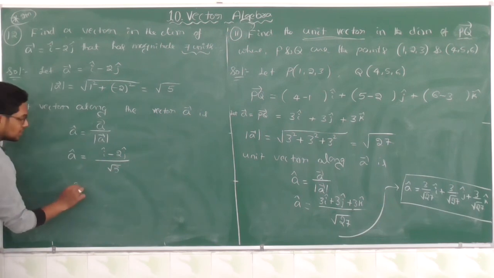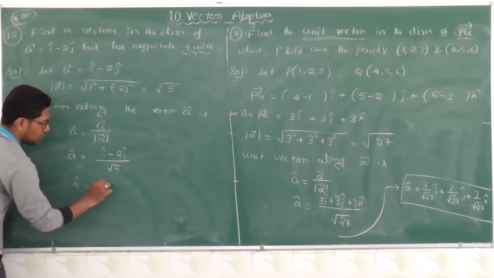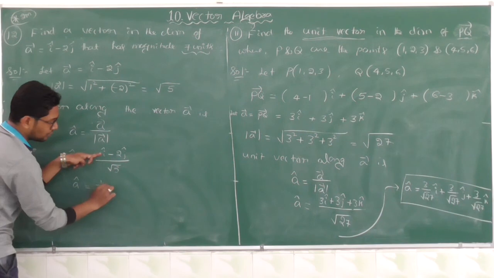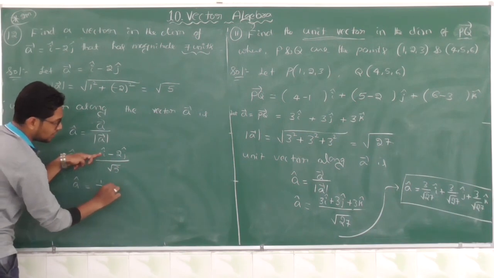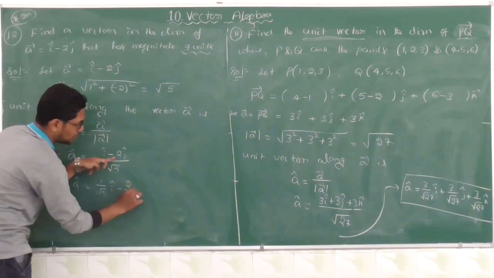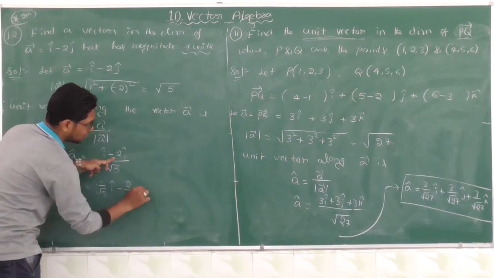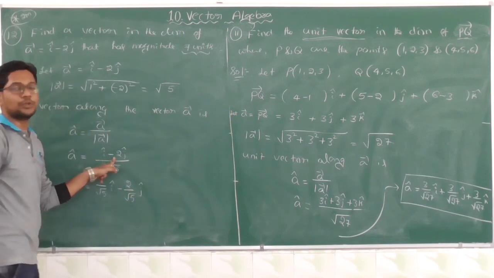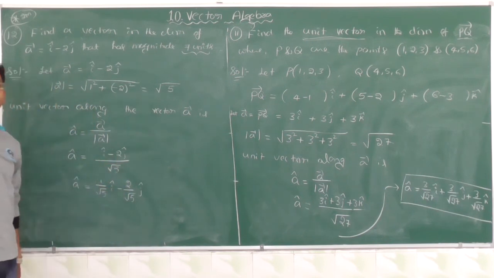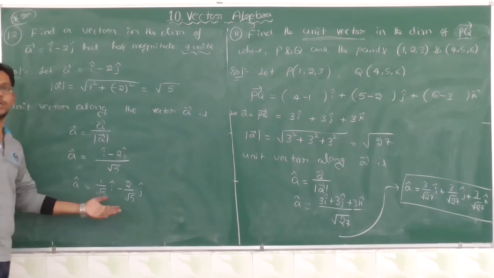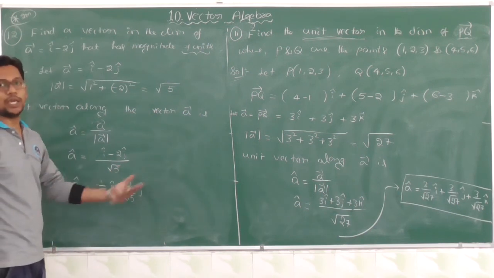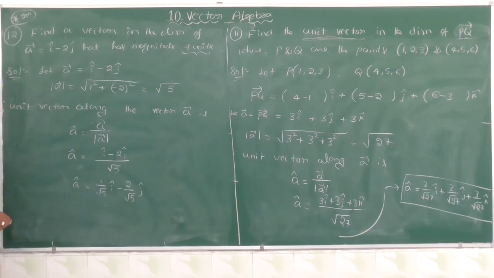I will split this. A cap equals 1 by square root of 5 i minus 2 by square root of 5 j. K component we don't have, we just keep it as it is, or if you want, you can write it as 0k. It is a unit vector.